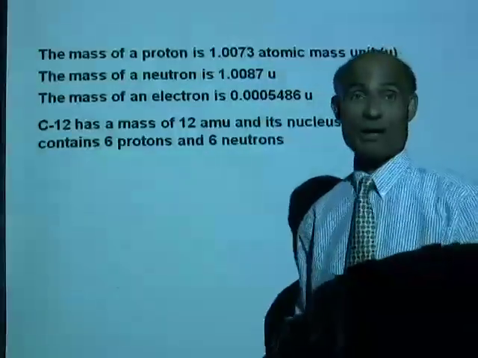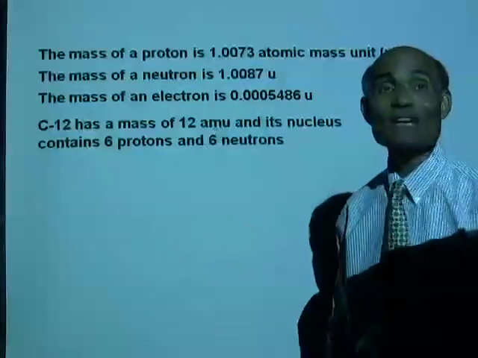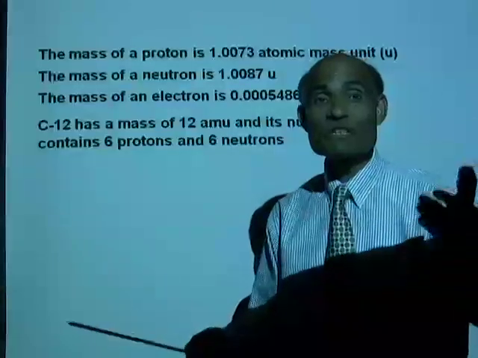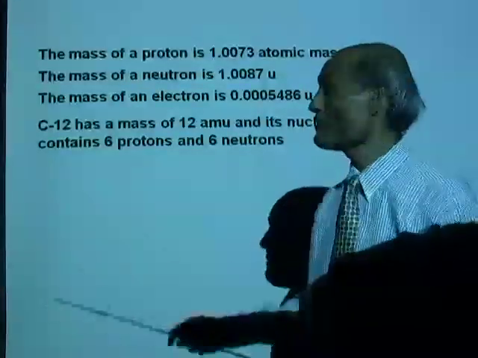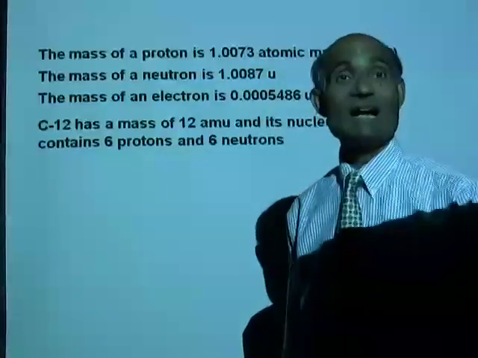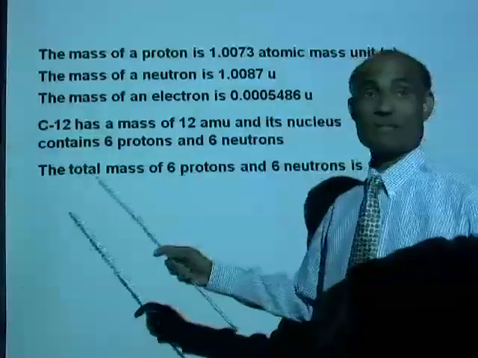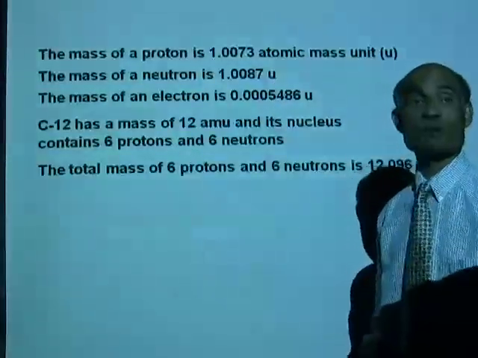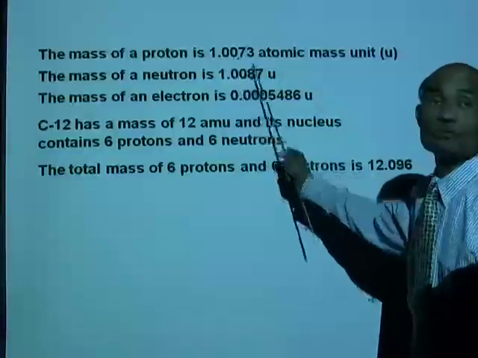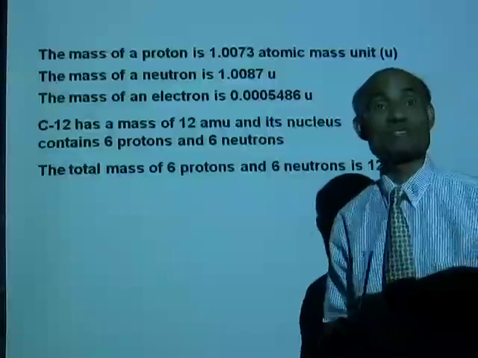Now carbon-12 is the standard, as I told you, has a mass of 12 atomic mass units. By definition, an atomic mass unit is 1/12 of the mass of carbon-12. It has 6 protons and 6 neutrons. So let's calculate the total mass of these. The total mass of 6 protons, if you multiply 6 by the mass of a proton, you will get 12.096 units.